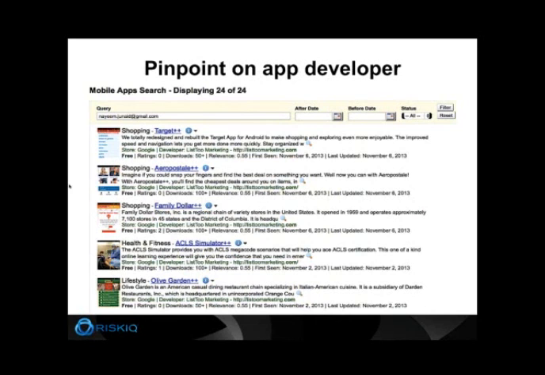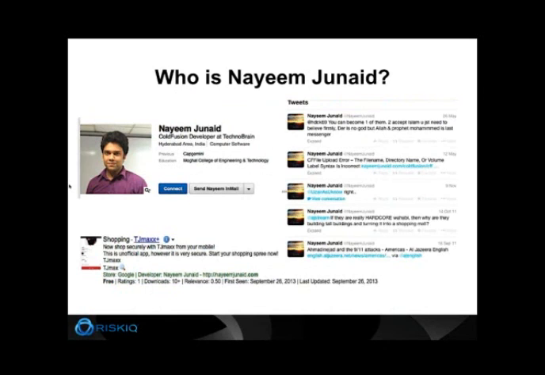So when we saw this, we determined there must be some way that this bad guy is monetizing the attack. And digging a little deeper, you can see the actual developer, his name and what he's posting on Twitter, and another app he had here for TJ Maxx.